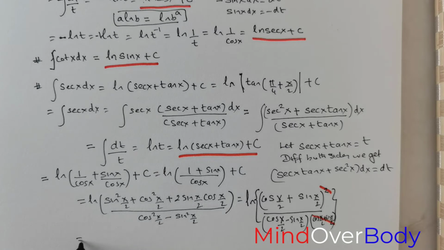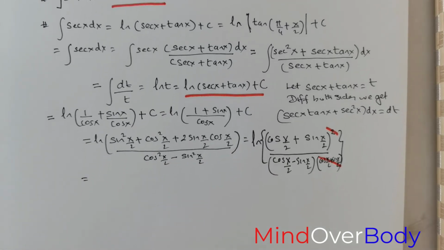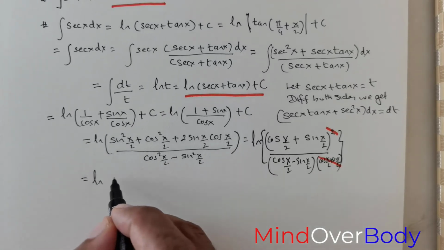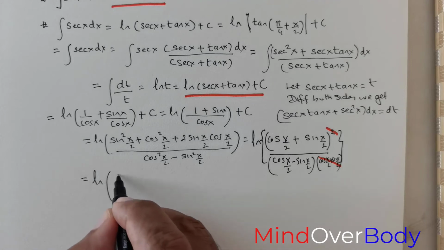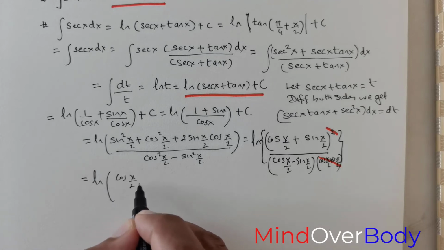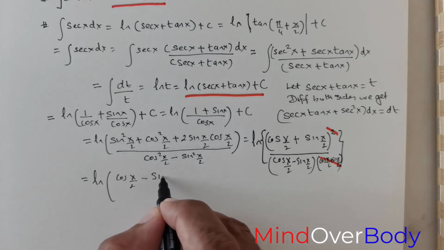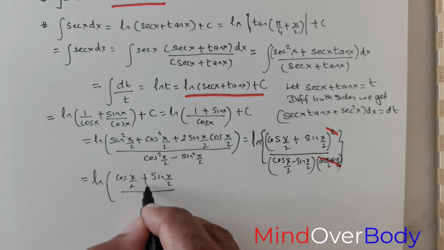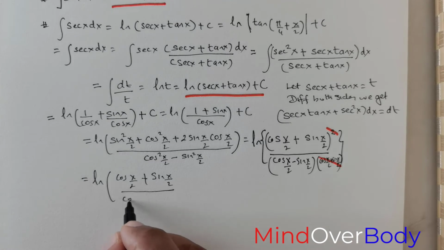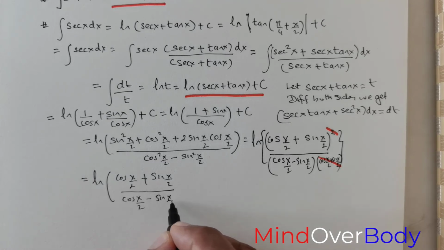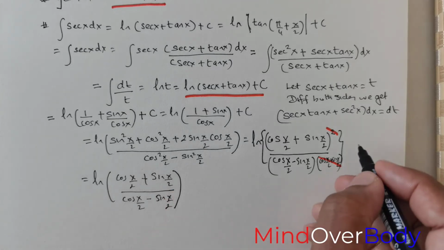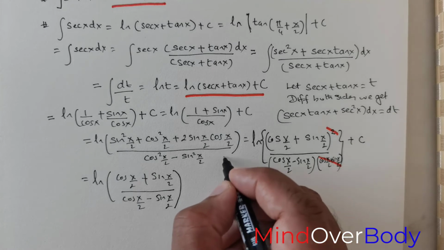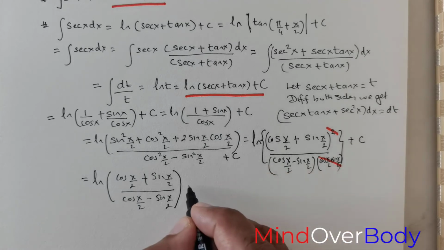So this is going to be equal to ln of (cos x/2 + sin x/2) divided by (cos x/2 minus sin x/2). From here, of course, you can continue placing the arbitrary constant.